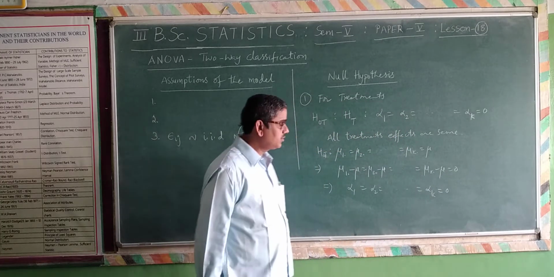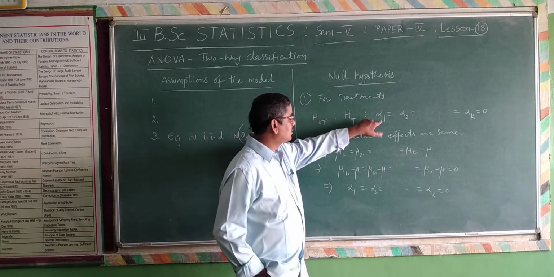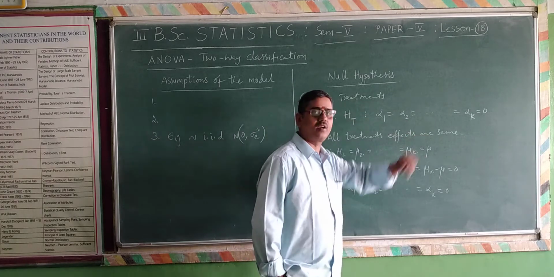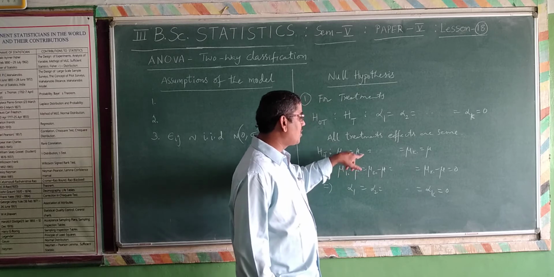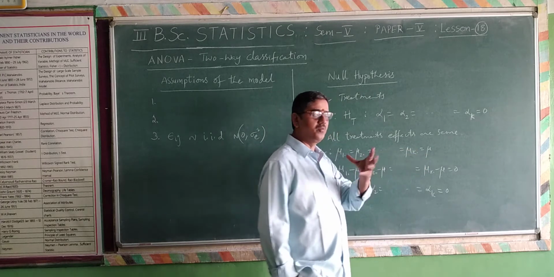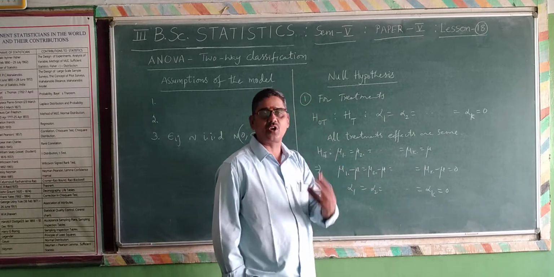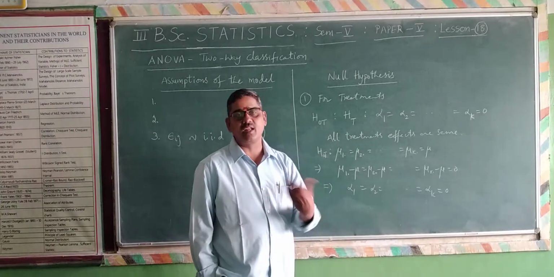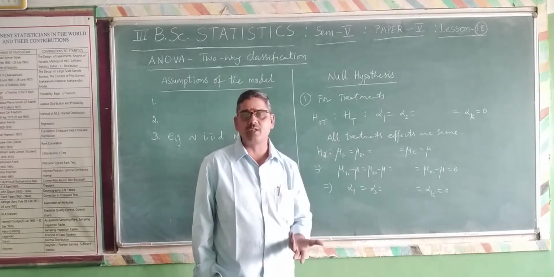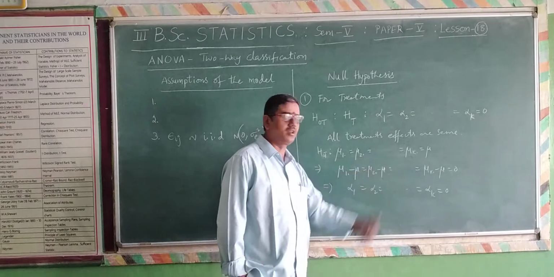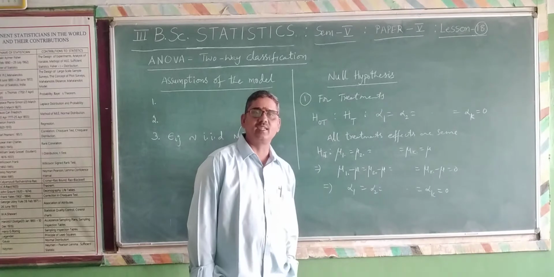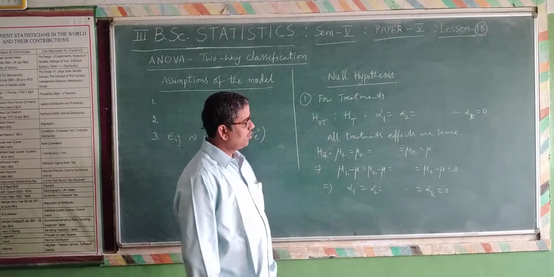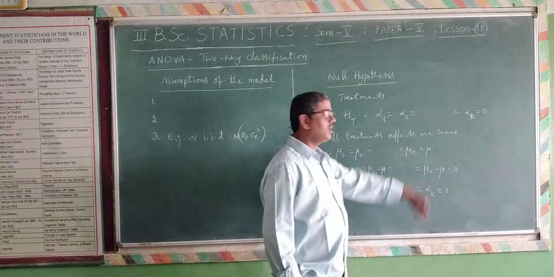Do you understand this? Mu1 dot, mu2 dot, mu k dot are the averages due to the respective treatments, first treatment, second treatment, kth treatment, which are the parameters, equivalent to the overall mean mu of the population.